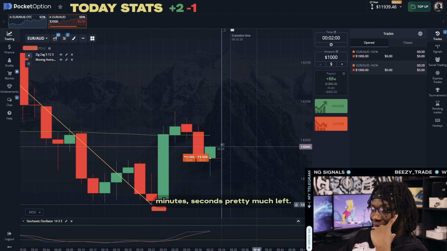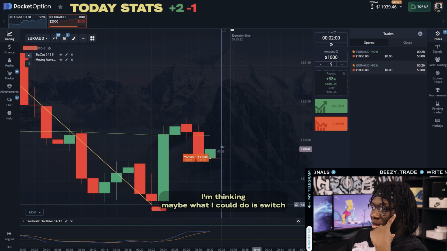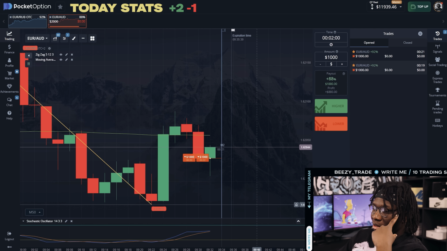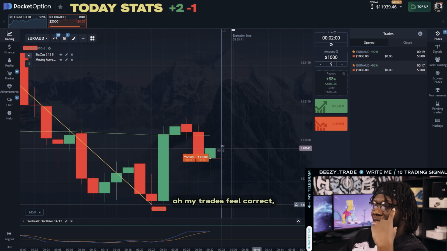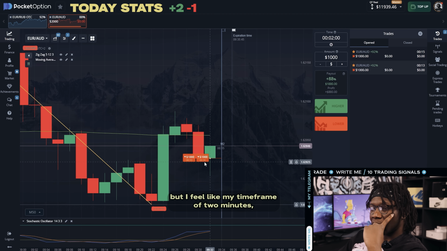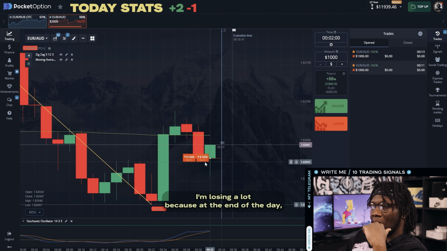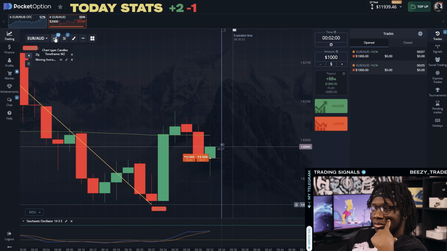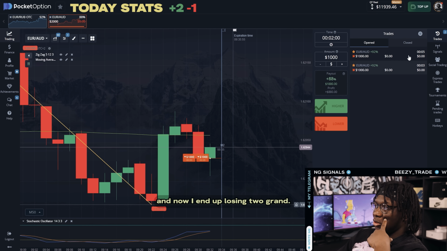I'm thinking what I could do is switch my strategy a little bit, because all of my trades feel correct, but I feel like with my time frame of 2 minutes, I'm losing a lot, because at the end of the day, if this was 1 minute, I would have taken profit on this, and now I end up losing $2,000.